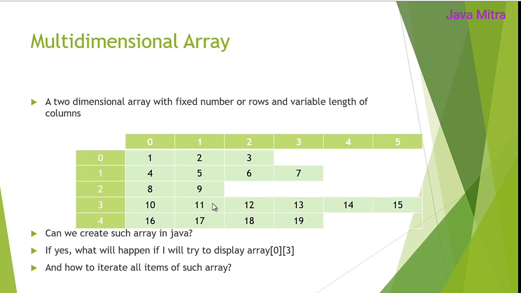So is it possible to create an array with multiple lengths for the second dimension? And if it is possible, what will it display if I try to access the array at the 0th row and 3rd column? If not, then how can we iterate all these values from the array?